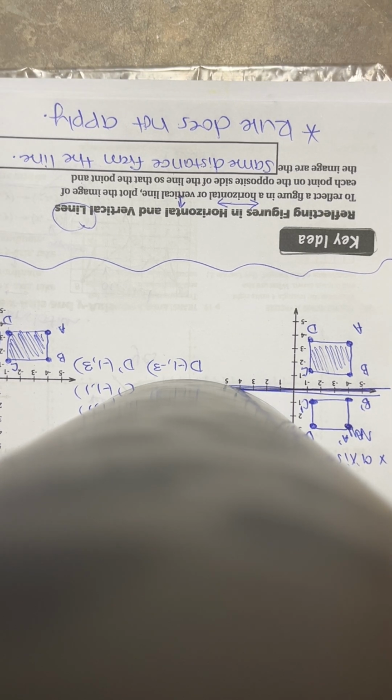How far from the line is it on like the left side? And then now we're making it that far on the right side. Or how far from the line is it below? And we're making it that same distance above, okay? So this is a pretty simple concept as long as you are counting correctly, okay?